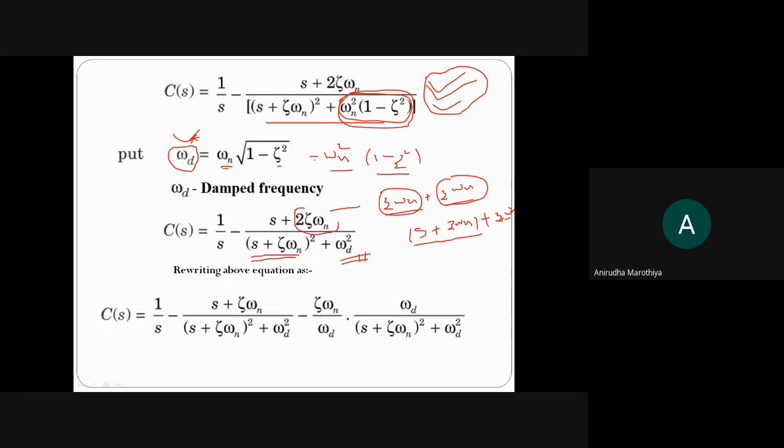This twice zeta omega n I replaced with zeta omega n plus zeta omega n. One component I clubbed with s, and after clubbing I wrote it here. So this s plus zeta omega n will be this particular term. Then we have the remaining term, which is zeta omega n. So if you apply proper logic and split this expression, you will get this as an output.